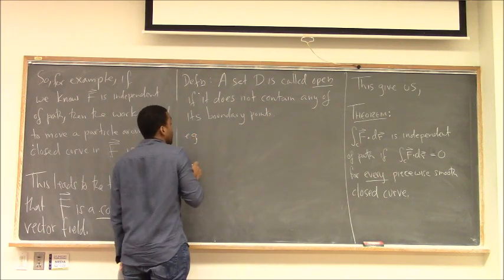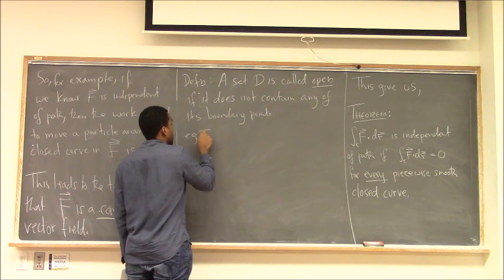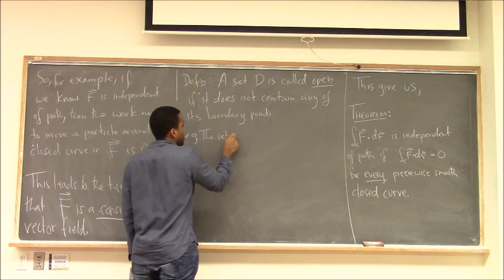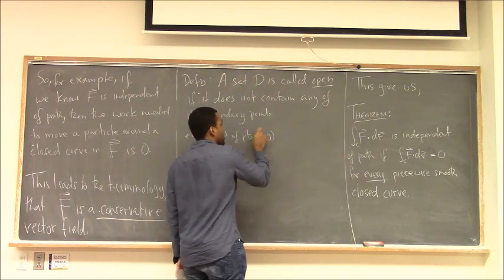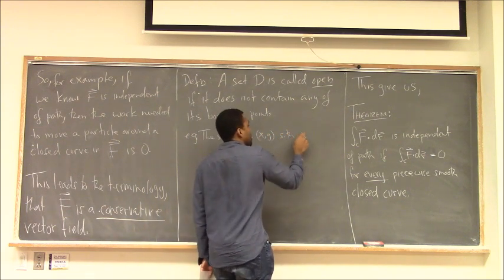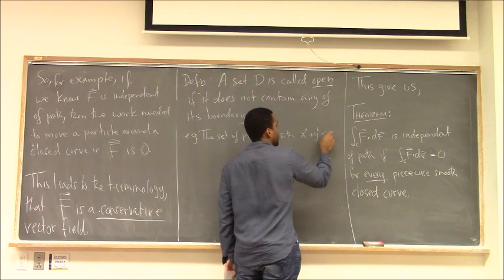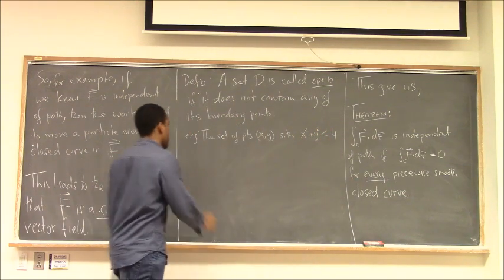Example. The set of points x, y such that x squared plus y squared is strictly less than 4 is an open set.